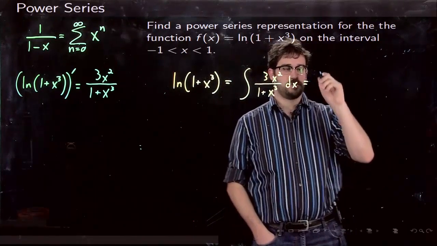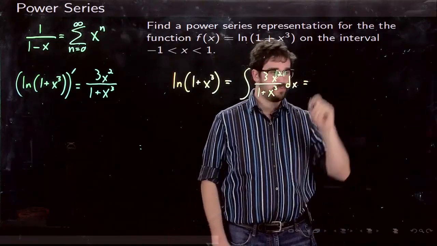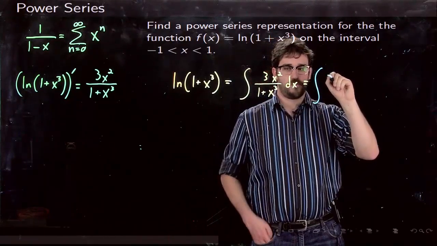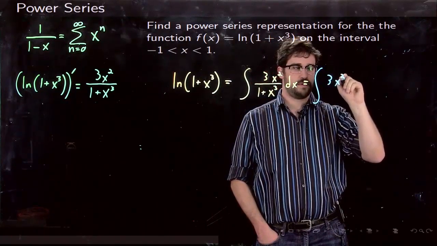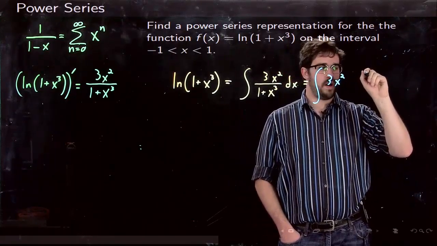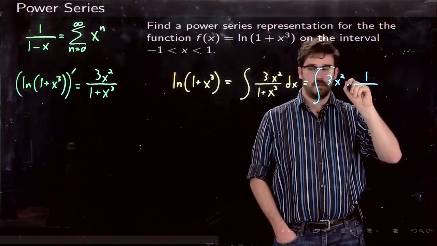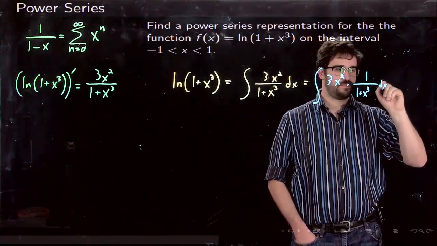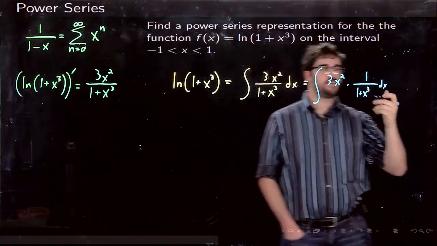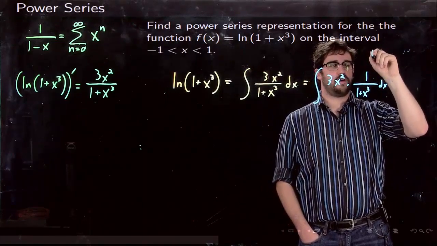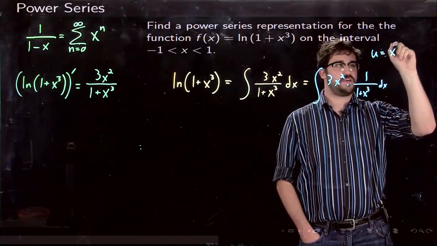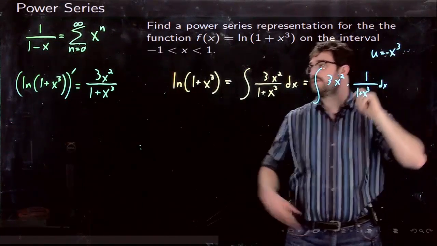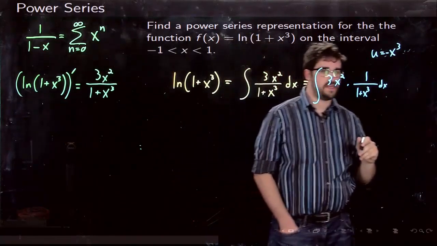Well, let's pull out the 3x. So we have a 3x squared on top, and then a 1 over 1 plus x cubed dx. Now, if we do our u substitution of u equaling negative x cubed, we'll have it in the form that we need.